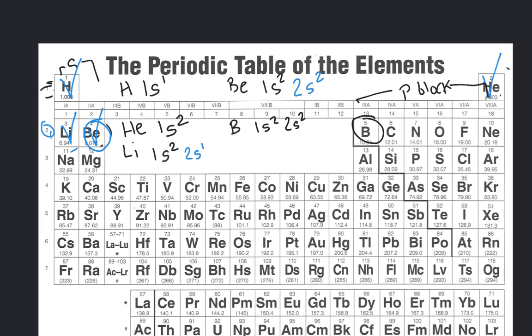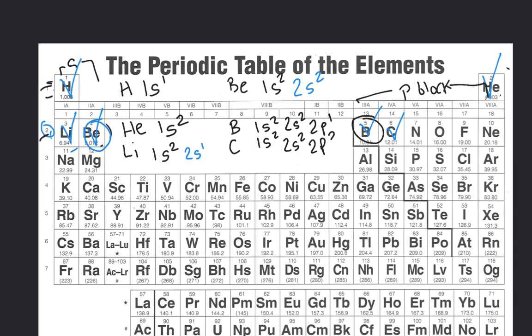Well, we're 1 in. But what row are we in? We're in the second energy level. So we're 2p1. Then if we go to carbon, we're all of boron, 1s2, 2s2, but we're not 2p1. We're 2p1, and now we're 2p2.